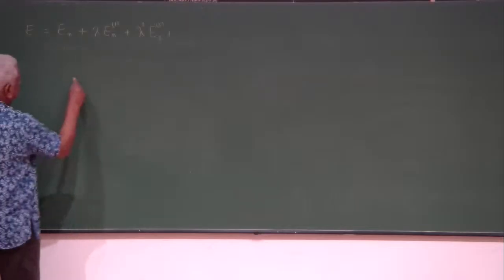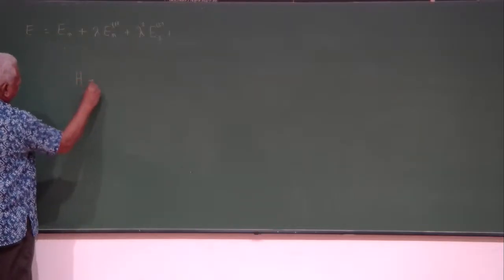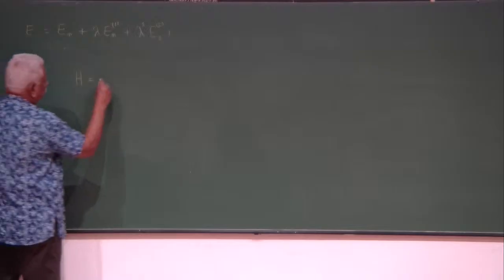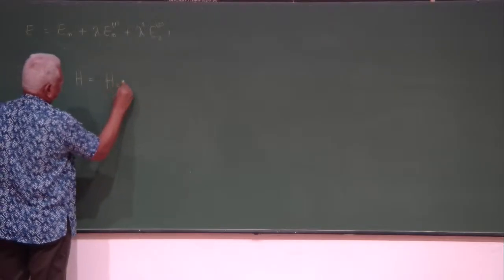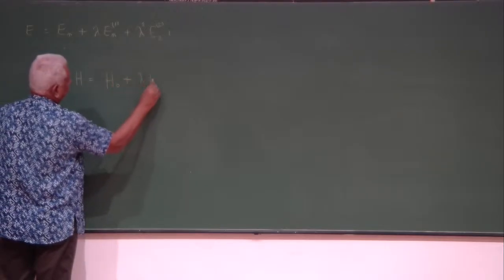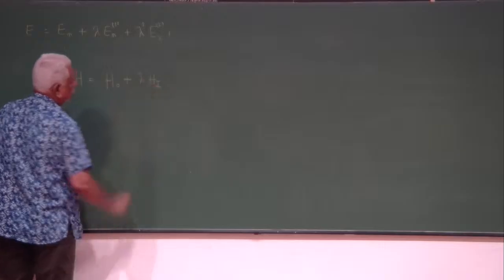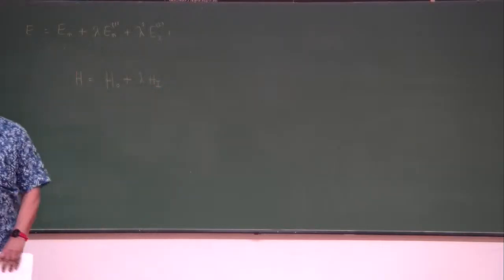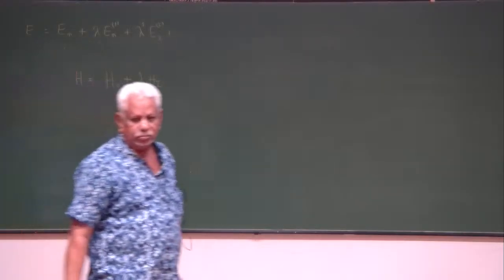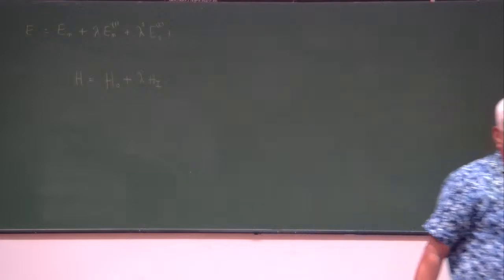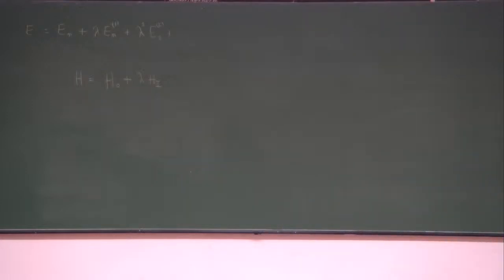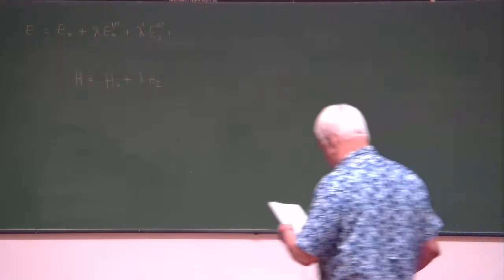My Hamiltonian is H naught plus lambda Hi. I write it as lambda Hi, where lambda is a small parameter. I know the eigenvalues and eigenfunctions of H naught.